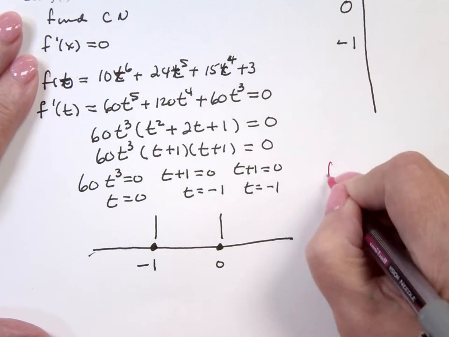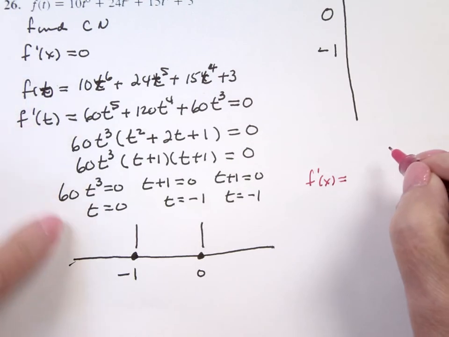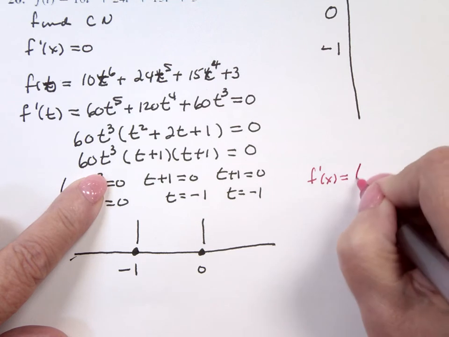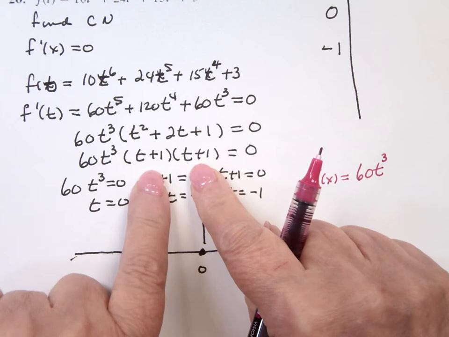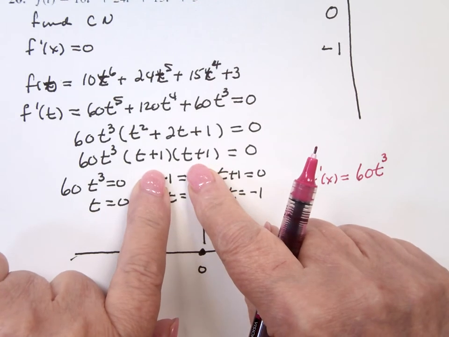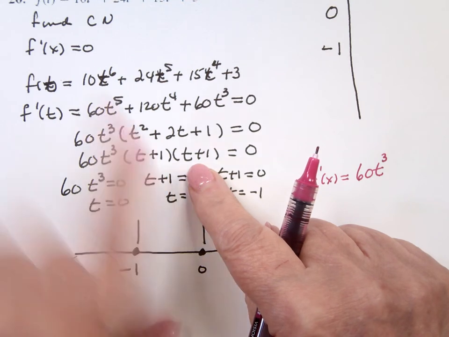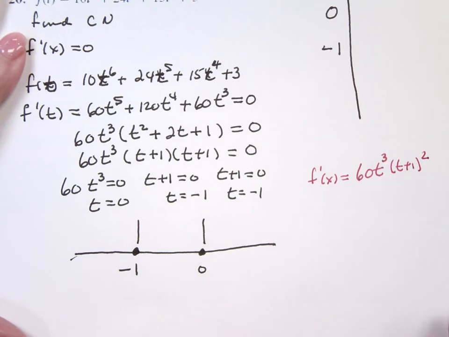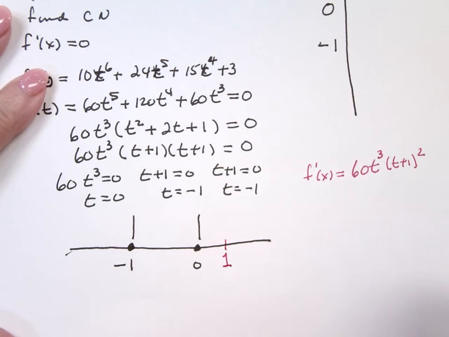So I know that f prime of x equals, and it's sometimes easier to use the derivative in factored form. And what's t plus 1 times t plus 1? How can I rewrite that? T plus 1 what? Squared. So there's the derivative. I'll choose 1 as my test.